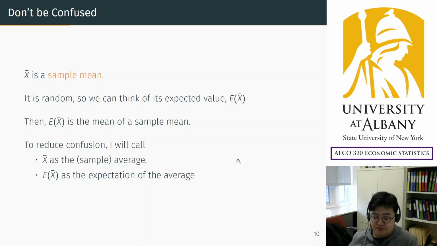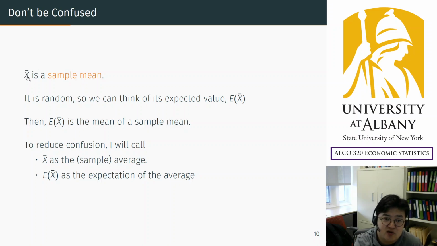So let me confuse you. Let me challenge you. So I said, so far, the main thing is we need to extend our idea of experiment, and then automatically we can extend the understanding of randomness. So don't be confused by the name mean. I said x bar is an average, but average is mean.